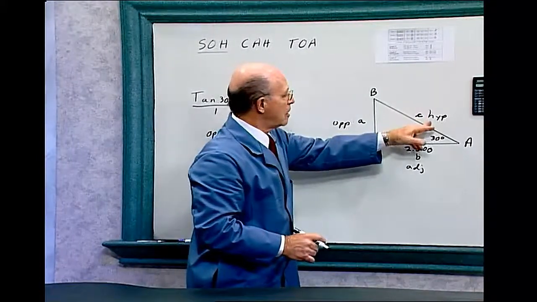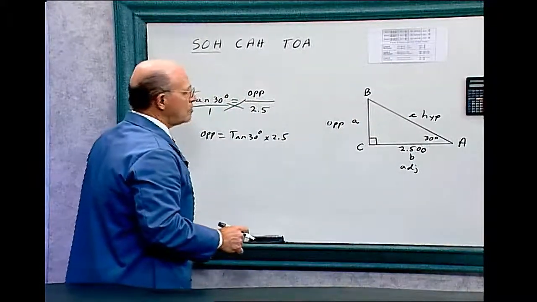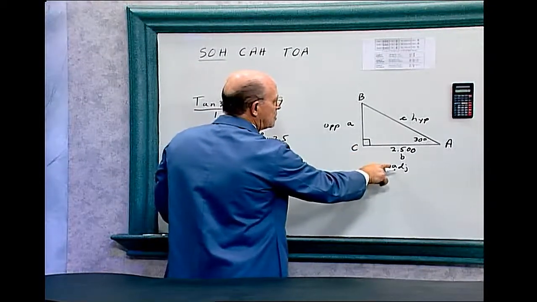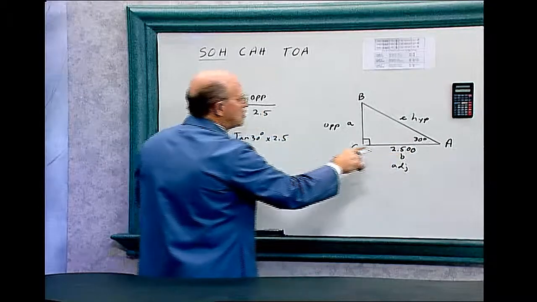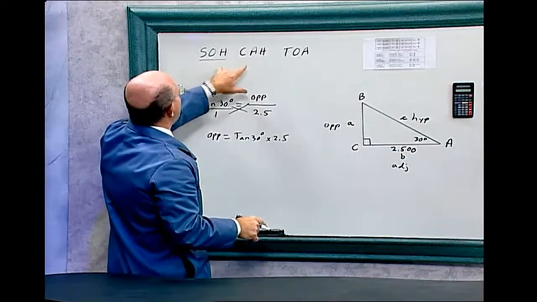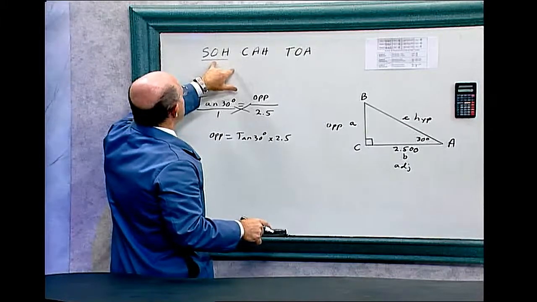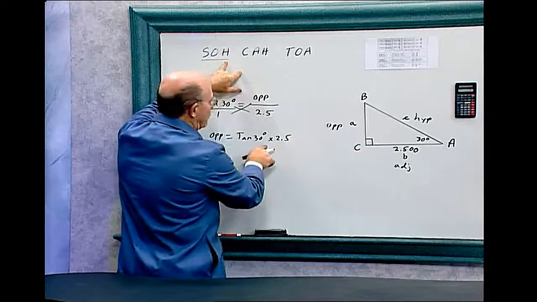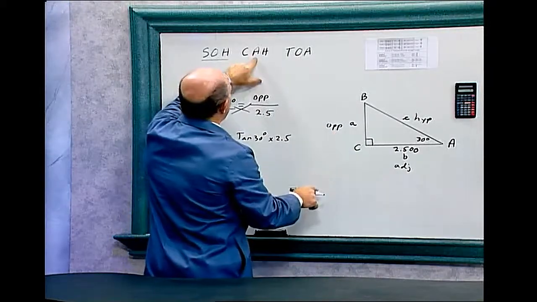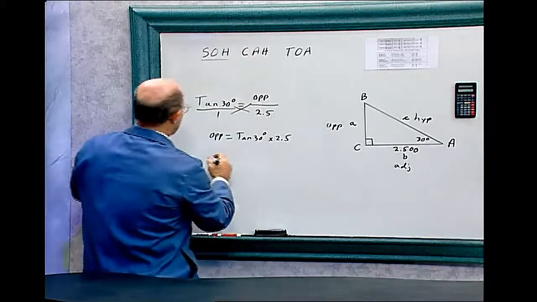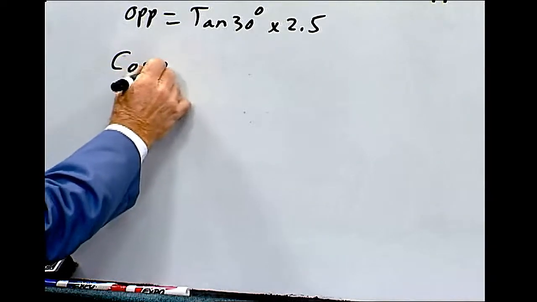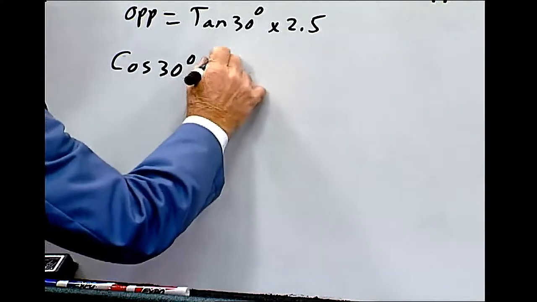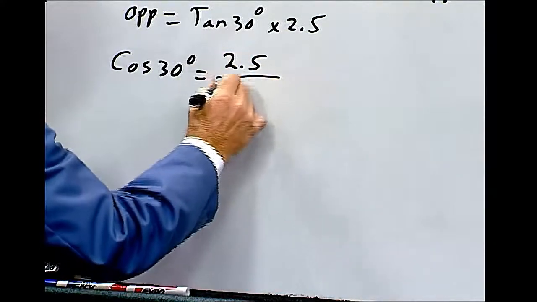Now, let's find the hypotenuse. We have adjacent and an angle. So now let's look at that. We have two formulas here. This one is opposite and hypotenuse, so we don't know the opposite right now. We could find it over here, but we don't right now. So we have to use cosine of 30 degrees equals adjacent, which is 2.5, divided by the hypotenuse.